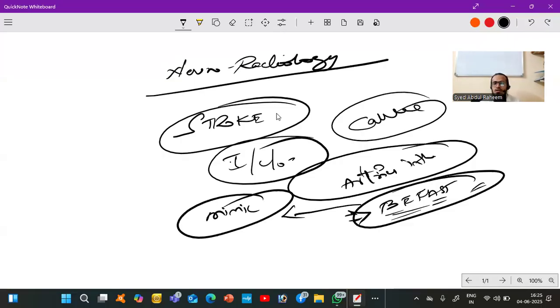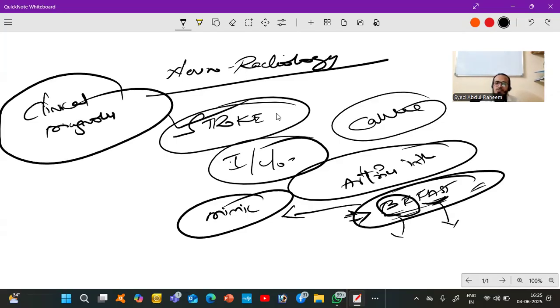We have to remember whether we are treating stroke patients. If the patient has two or three problems in the brain, you can assume which area of the brain is affected and treat the patient accordingly. Secondly, stroke is a clinical diagnosis.